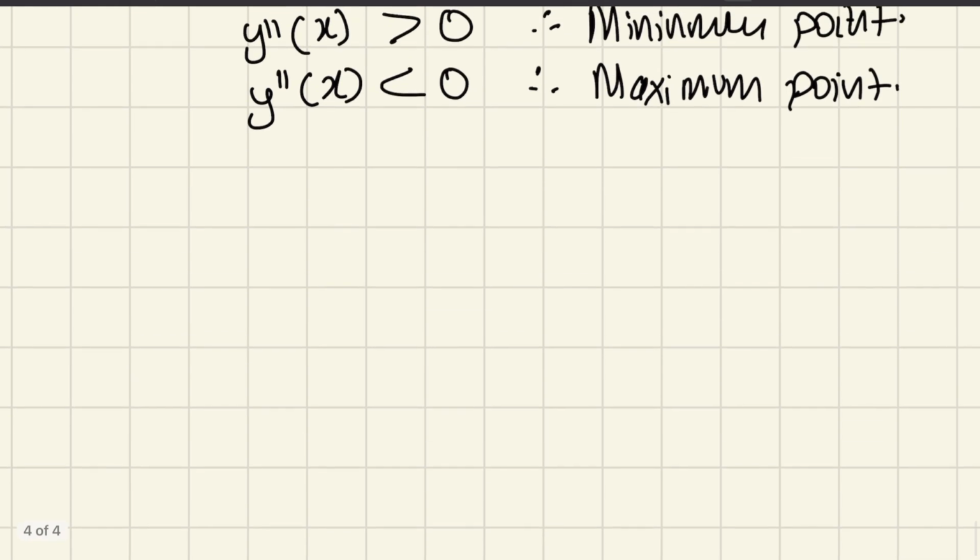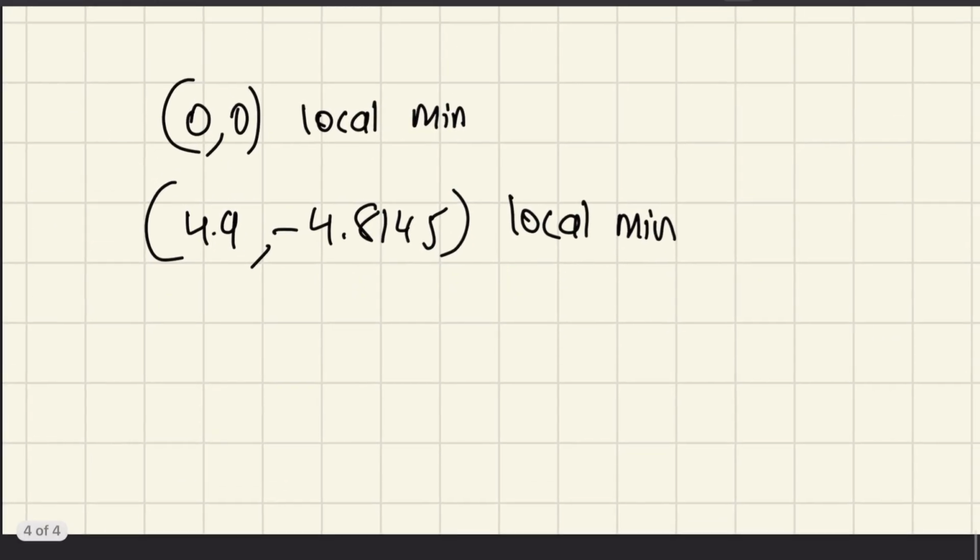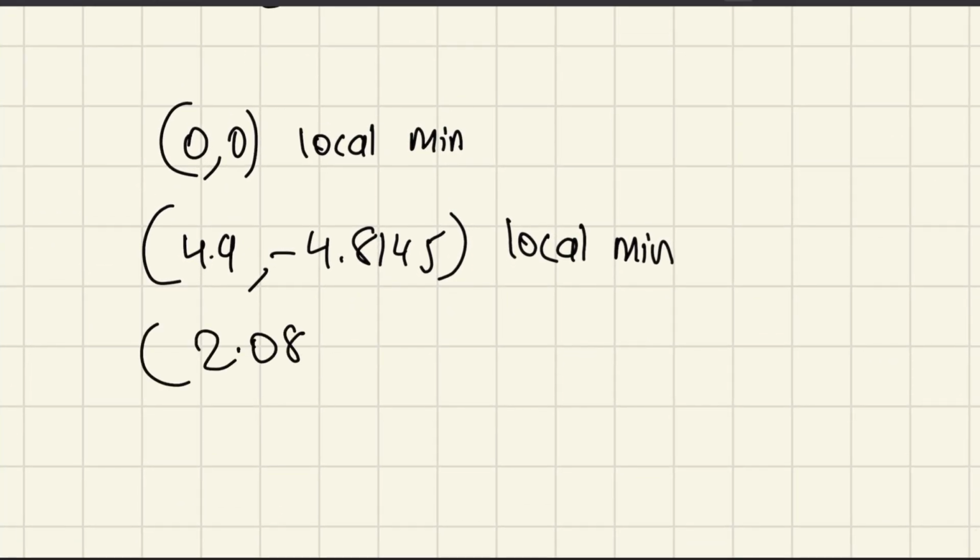So if we sub those in, we get 0, 0 as being a local min, and we get 4.9, and this gives us a y value of negative 4.8145. This is a local minimum, and we have 2.028.